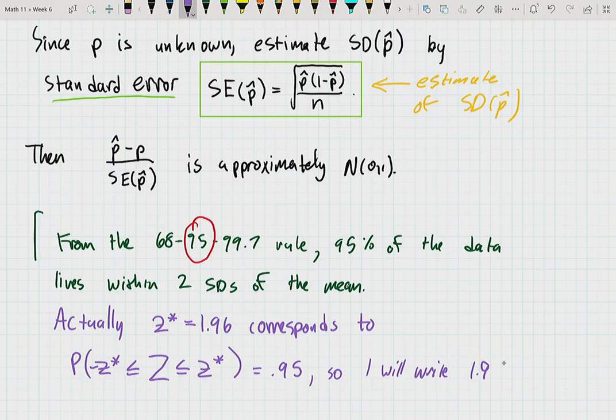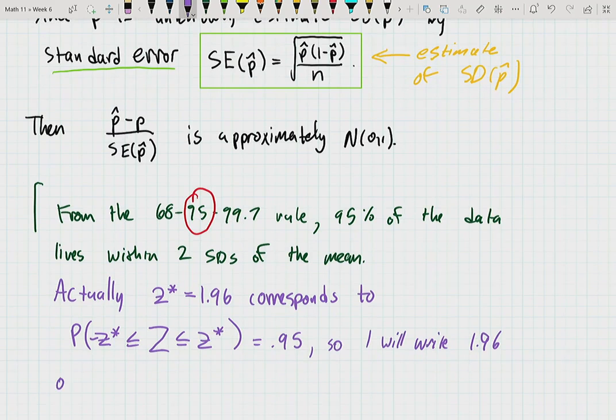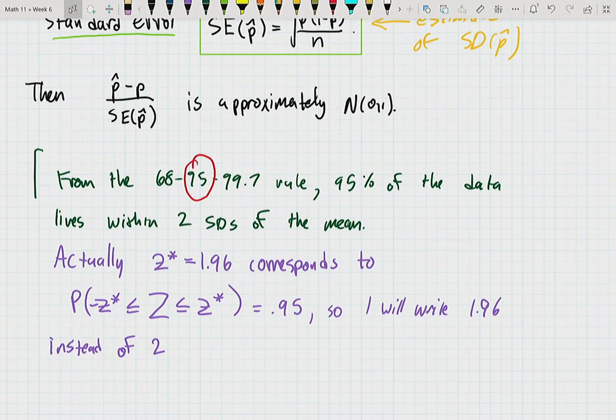So I'll write 1.96 instead of 2. Okay, so 95% of the data lives within 1.96 standard deviations.